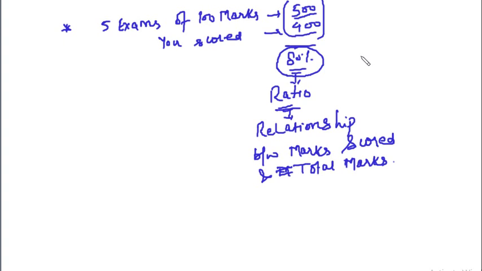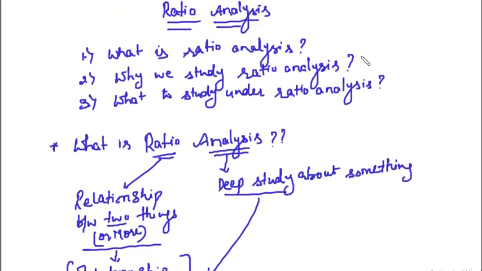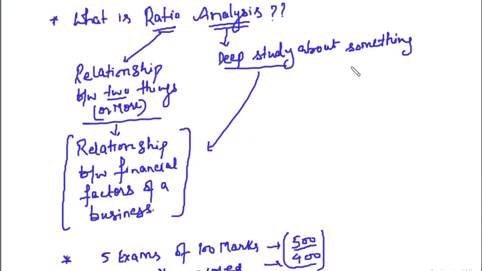Analysis is the deep study of something. Right? If we combine these two terms, this becomes ratio analysis. That is the deep study about the relationship of two or more things. And if we talk from the accounting point of view, we'll say it is about the deep study of the relationship between financial factors of a business.